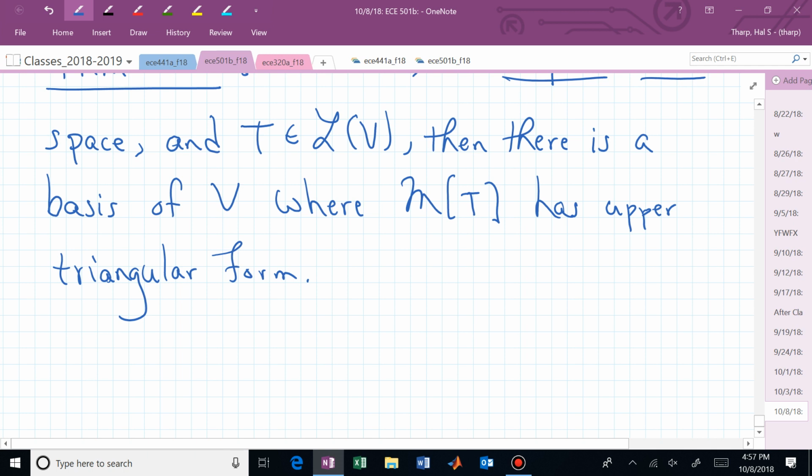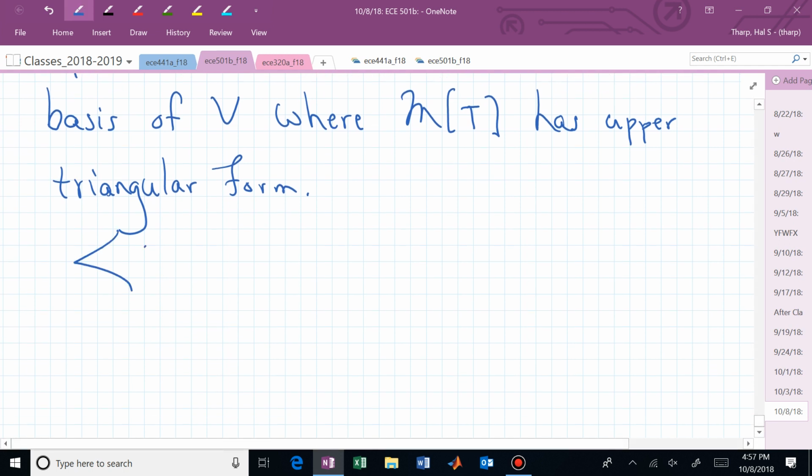So you give me a linear map on a complex vector space, finite dimensional, and I can find a set of basis vectors that will give me a matrix representation of that linear map that's upper triangular. That's not necessarily true for real vector spaces. I can't upper triangularize a generic linear operator on real vector spaces, whereas in a complex vector space I can.